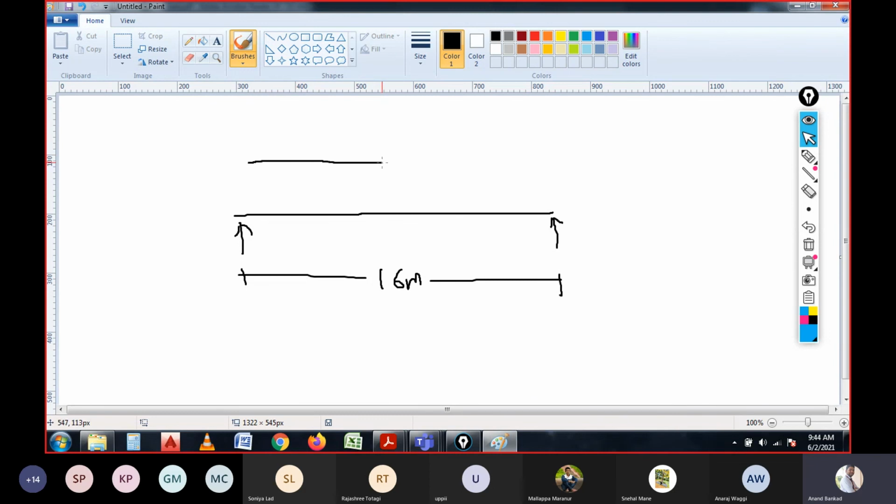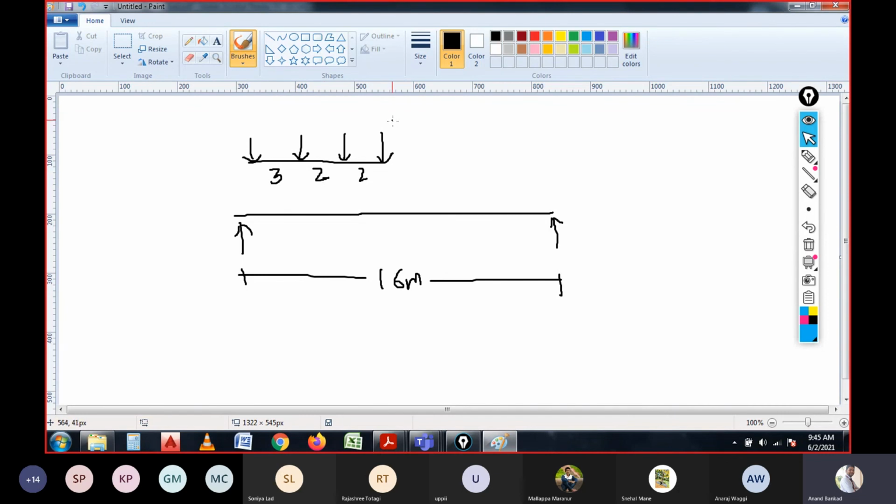The loads are given like this, with 4 concentrated loads at distances of 2 meter, 2 meter and 3 meter.